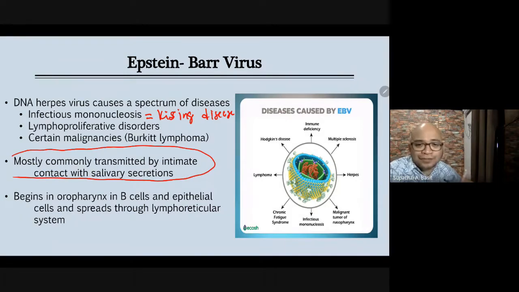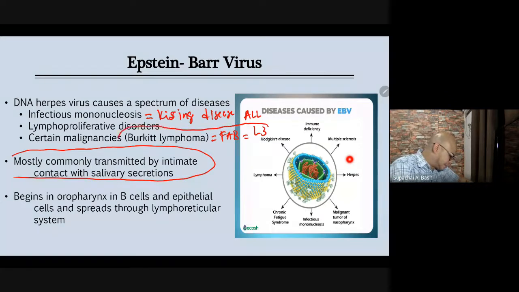Aside from infectious mononucleosis, they can also cause lymphoproliferative disorders and certain malignancies such as Burkitt lymphoma. If you still remember your hematology, Burkitt lymphoma is actually the FAB-L3. Diba, acute lymphocytic leukemia has three types, L1, L2, L3, and L3 is connected with this one.